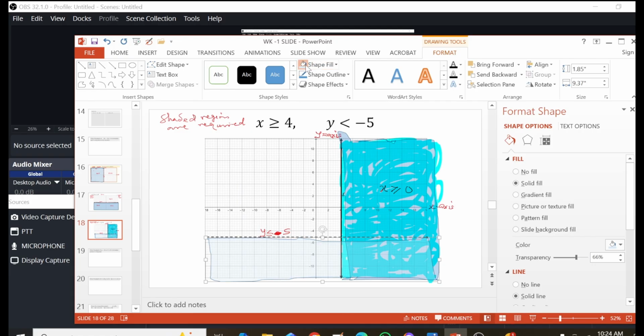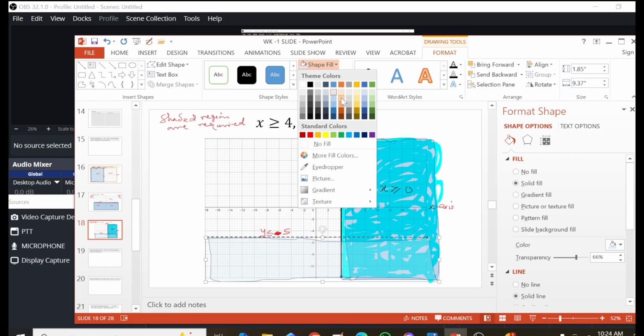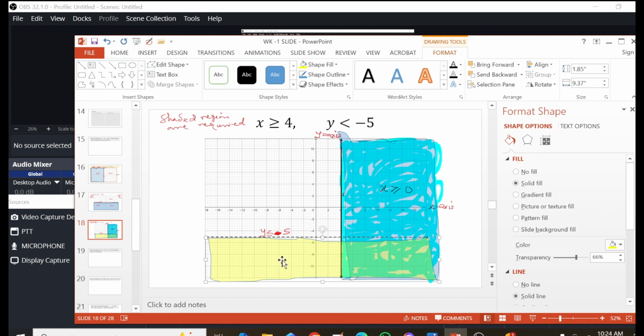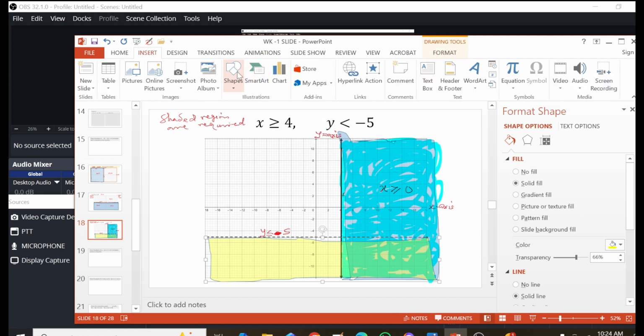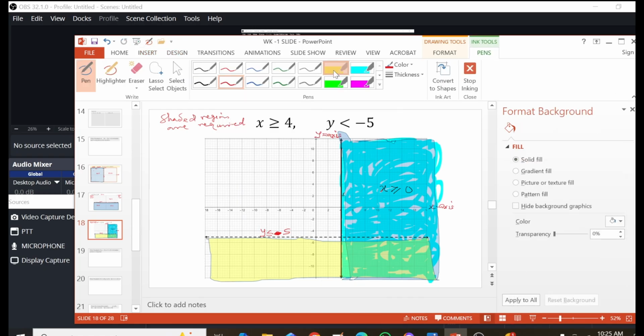Can you fill it with another color? Fill it with another color different from what we had before. Let me use that yellow to complete the parts.